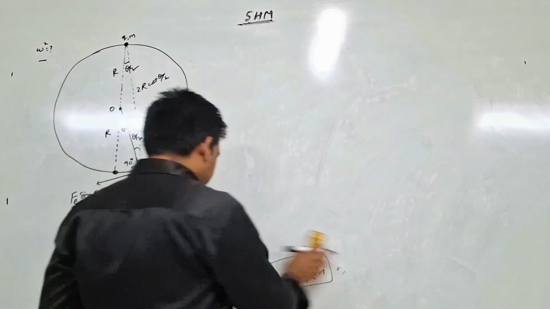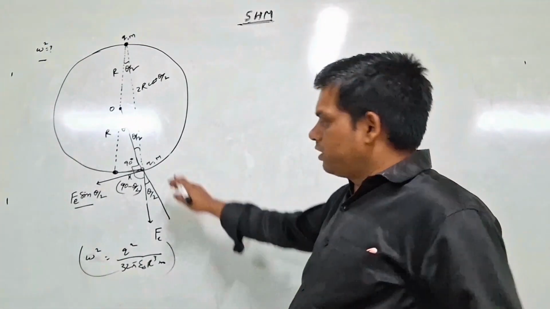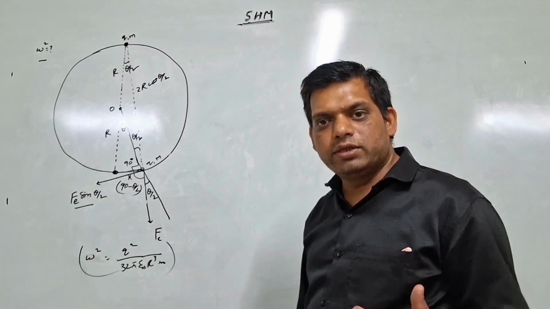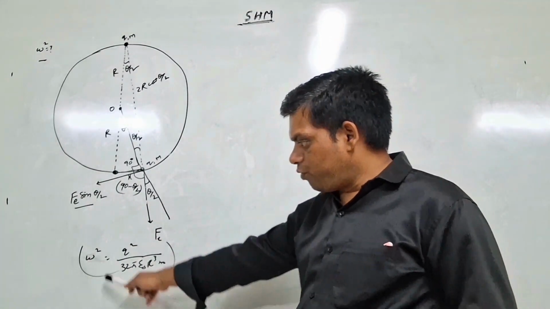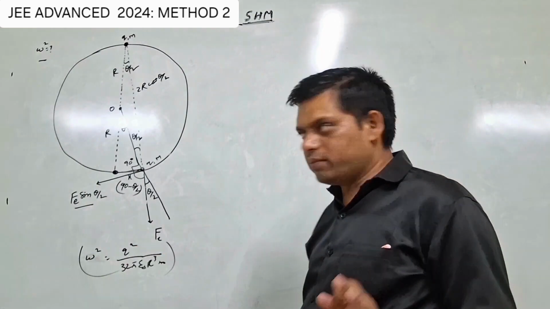Now we will solve it by considering it as angular SHM. In both the conditions, the value of omega square will be the same. The expression of omega square will be the same.